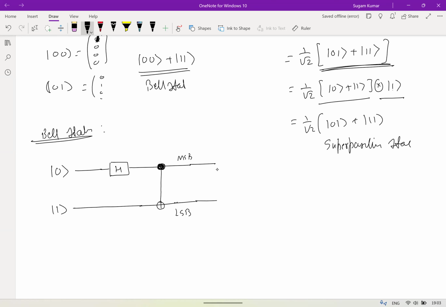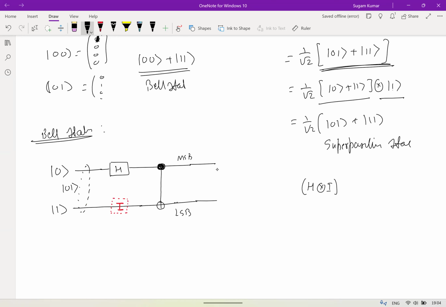To keep it simple, because nothing is acting on the qubit in parallel to H, I will put I here. Then this becomes H tensor product I, and the input is a state, let us say 0 1. Everything is going to act on 0 1.